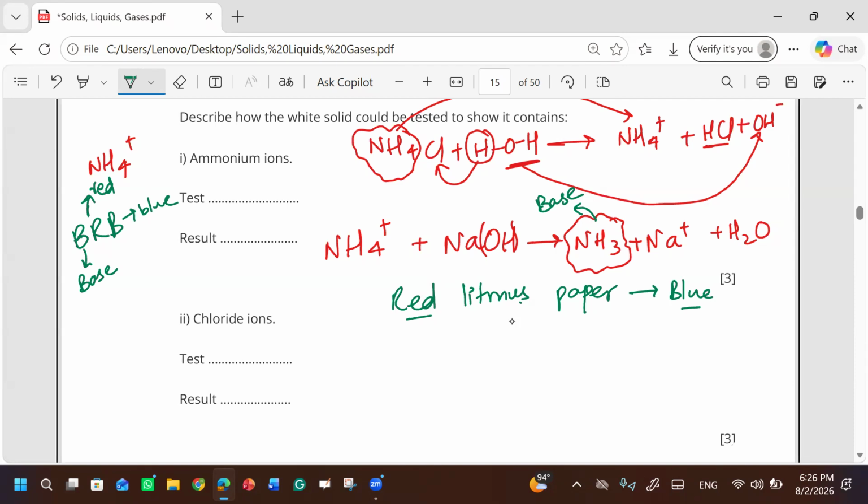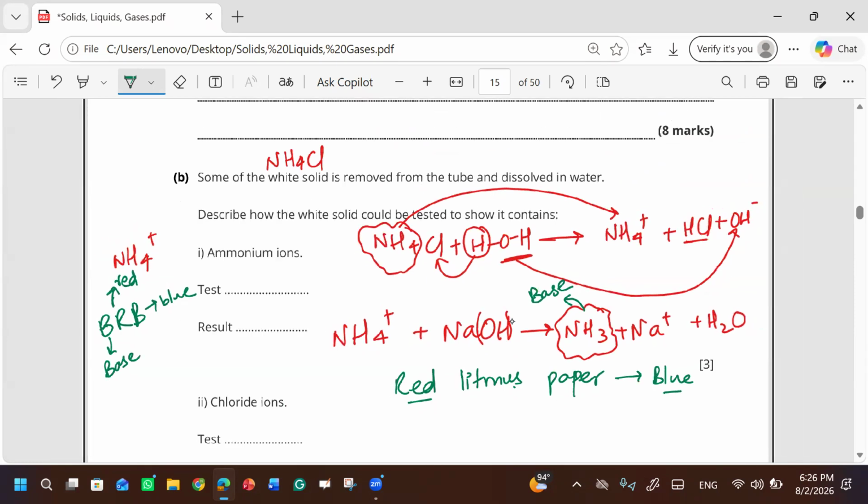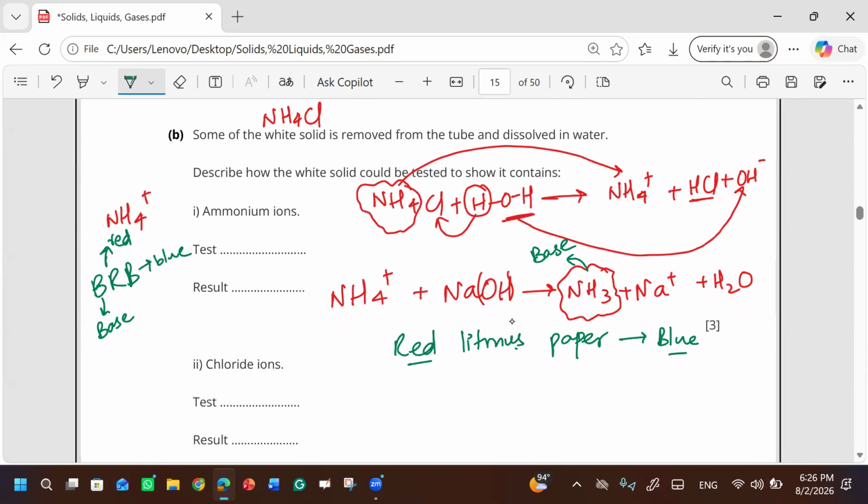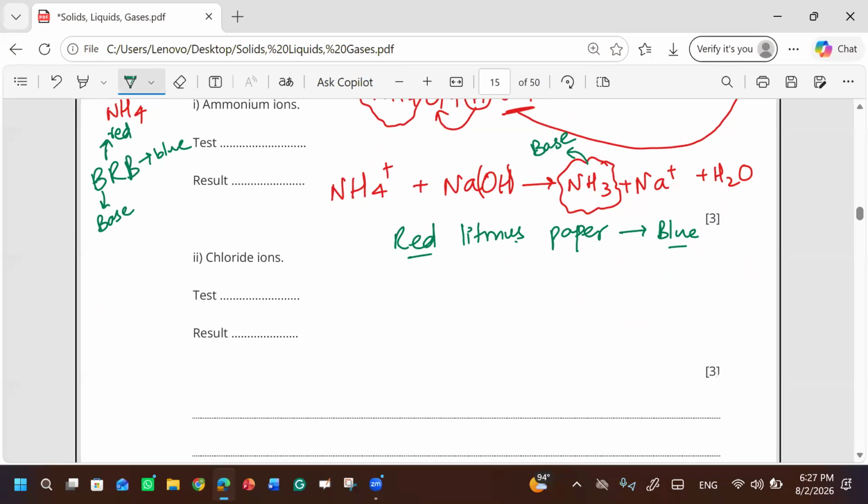How about the chloride ions? How can you check? What else can we do? If you want to check the chloride ions, there is nitric acid.